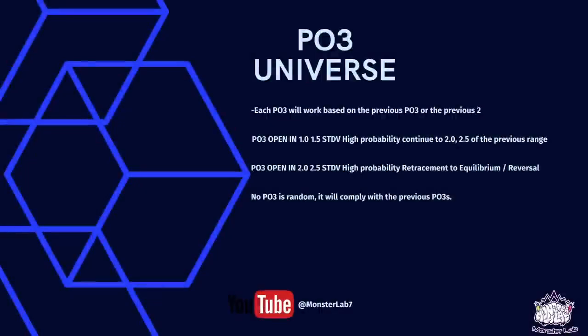A power of 3 universe. In every power of 3, you will work on the base of the previous power of 3 or the previous 2 power of 3s. When the power of 3 opens in the 1 deviation or the 1.5 deviation, it's high probability to continue to the 2 deviations or the 2.5 deviations plus PDRA. This is very important: one PDRA in the time frames overlapping the standard deviations with the higher time frame PDRAs.